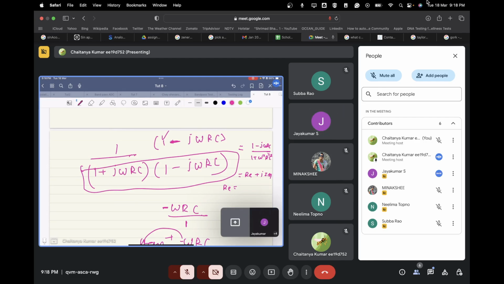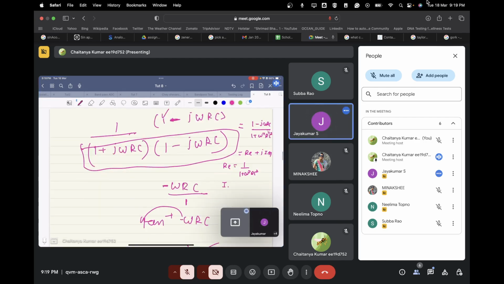It's 1 upon 1 plus omega square R square C square, right? And your imaginary part is minus omega RC divided by 1 plus omega square R square C square.